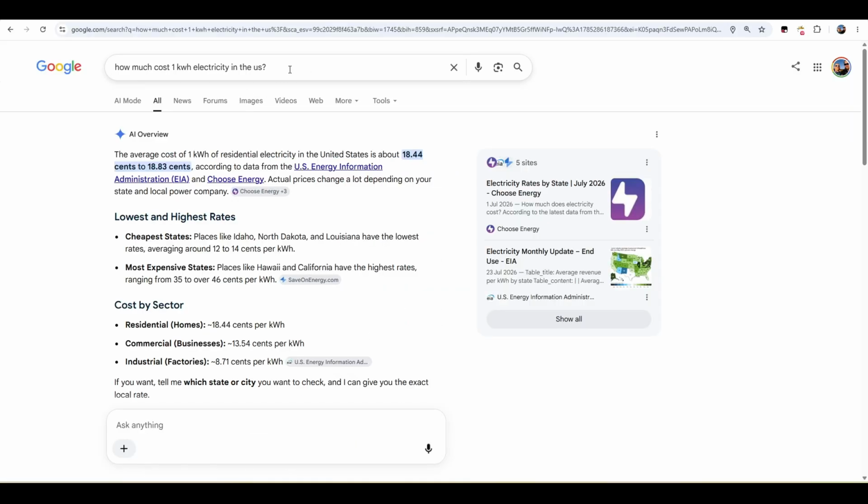I've been searching all over the place. For instance, what about the electricity price in the US? It's gonna be laborious, and it also depends on your agreement or plan for the electricity.